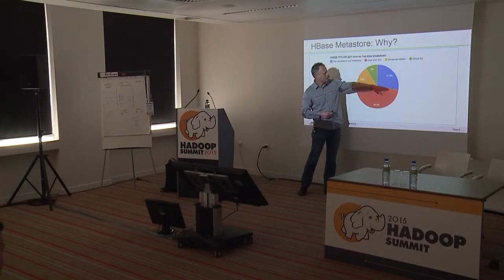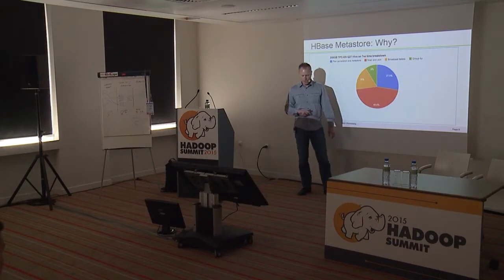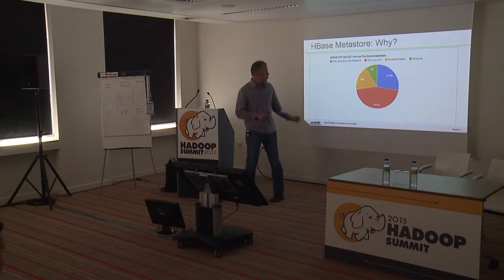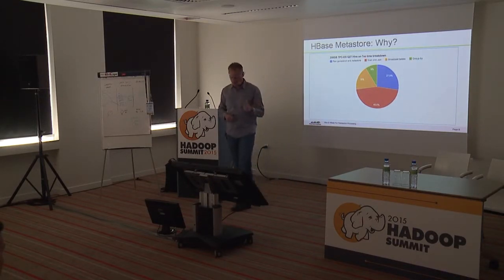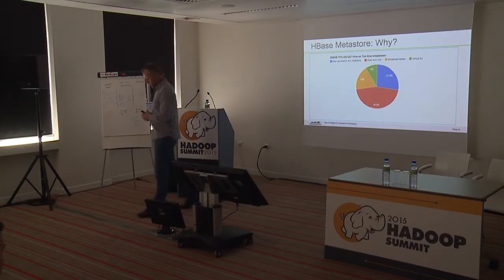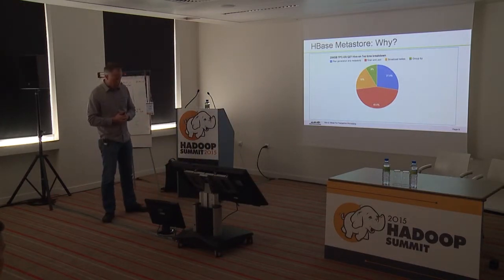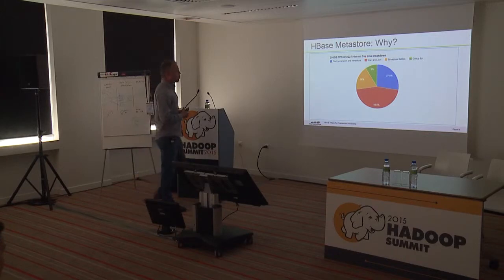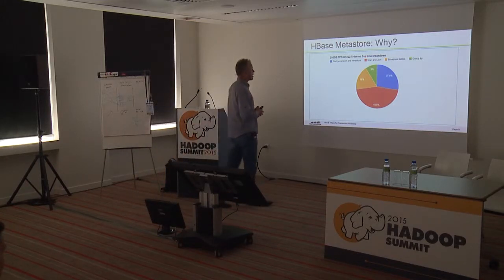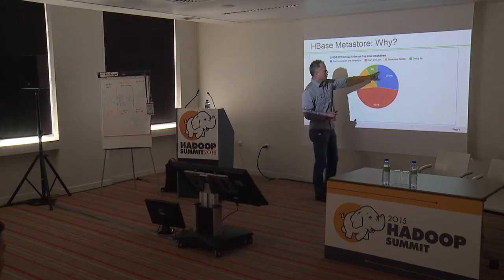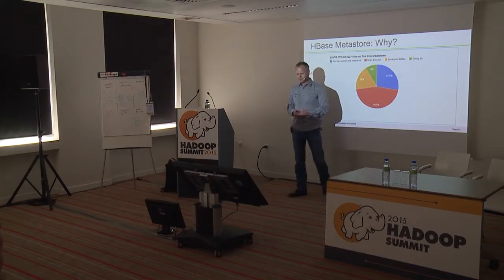But you'll notice almost 28% of the time, and I believe the overall time for this was 13 seconds. So that means somewhere in the neighborhood of 3 seconds was spent planning the query. This is just getting metadata out of the catalog and planning it.